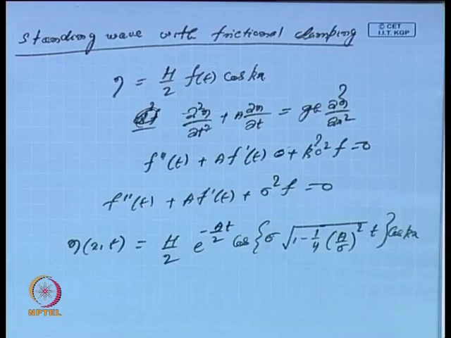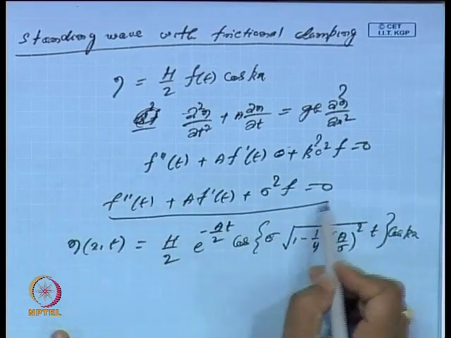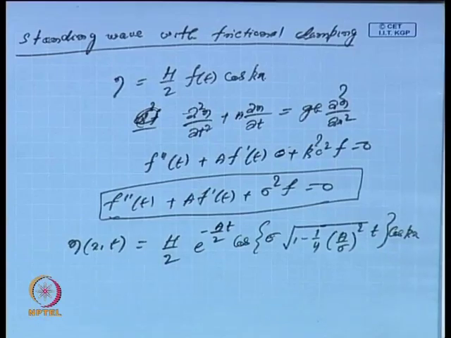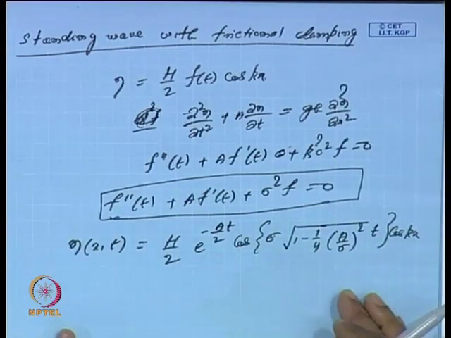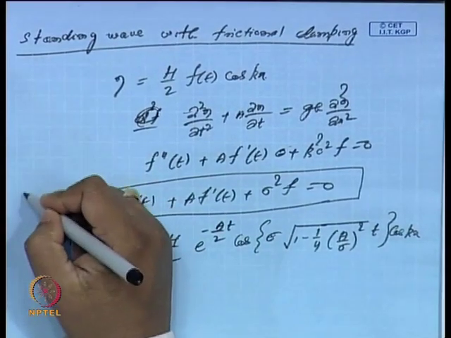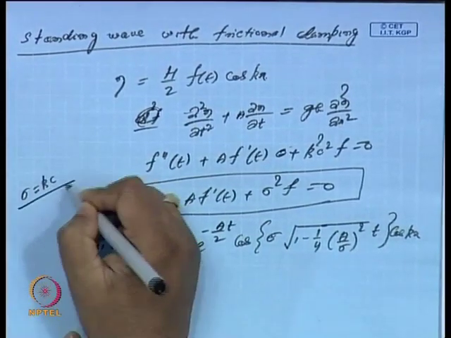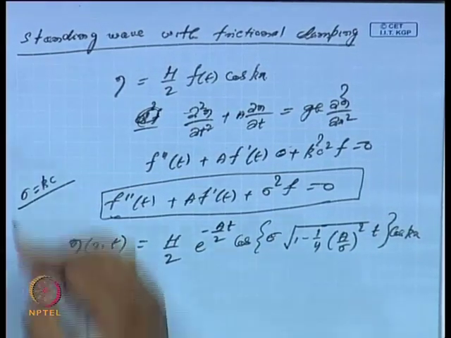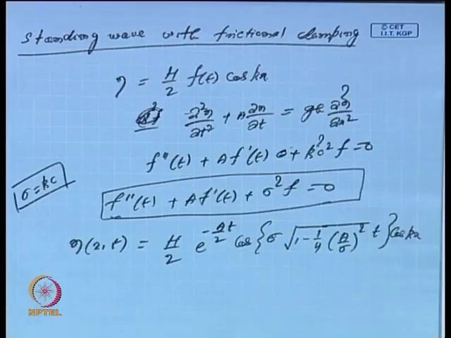In fact, this will be the solution. Basically, we can look at the characteristic equation, and the roots of the equation will give us this, so we can easily see this is the form of the solution. Here we have taken sigma as kc, because c is sigma by k, and sigma is basically the frequency of the wave.